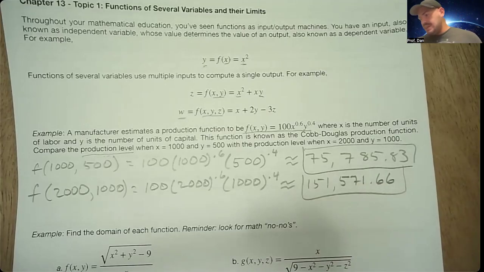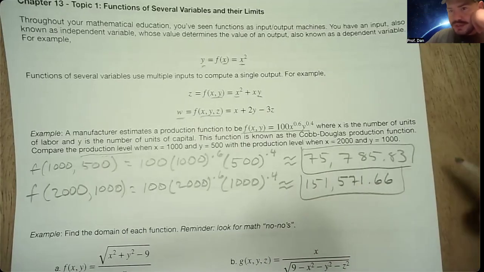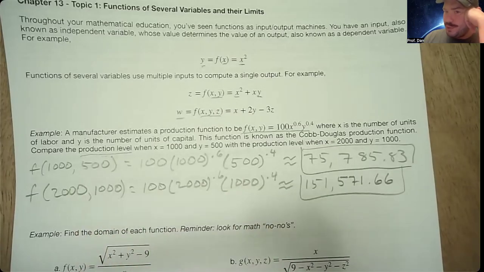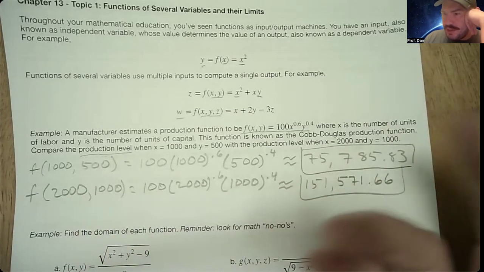So you see in that case, the production level doubled when we doubled both independent variables.